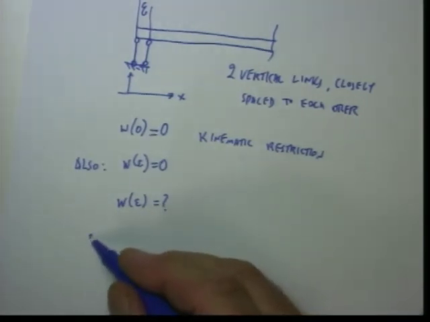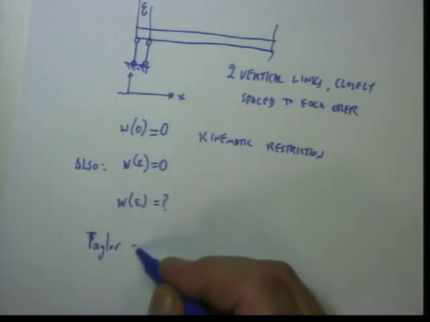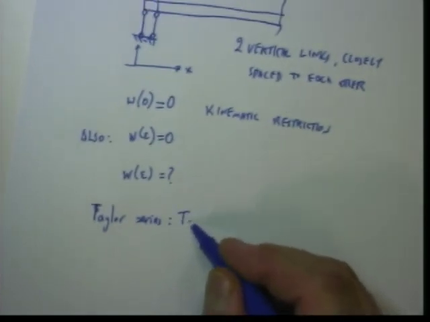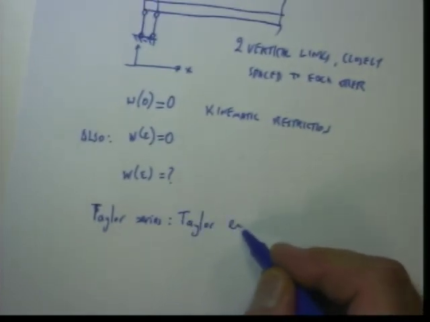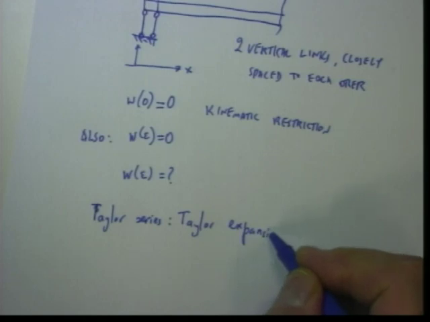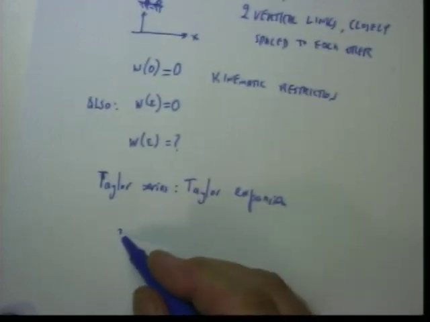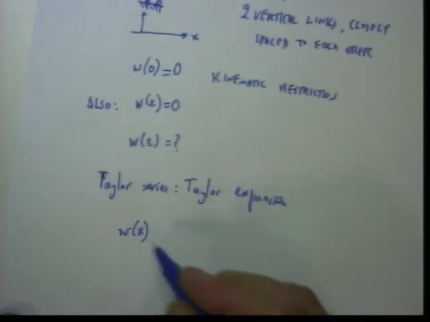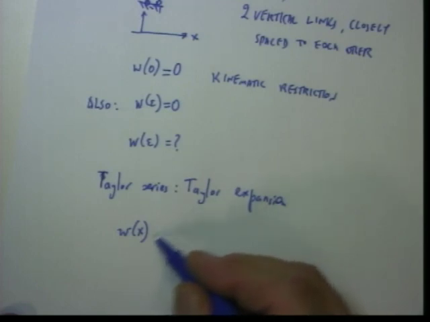So we know there is something that is called Taylor series or Taylor expansion. And that is as follows. So W of x at some point, we are expanding at some point.